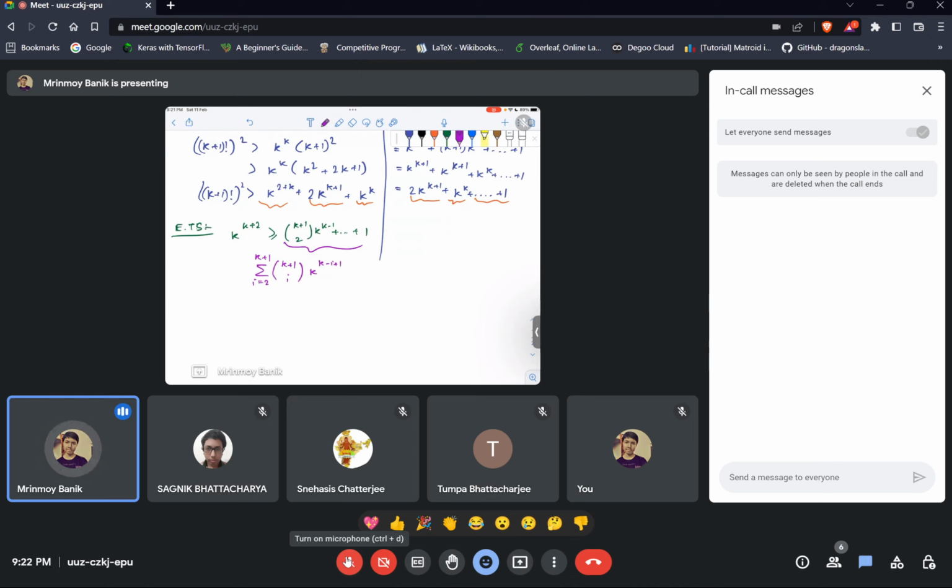Right, so putting i equals 2, we get the first term, (k plus 1 choose 2) times k power k minus 1.